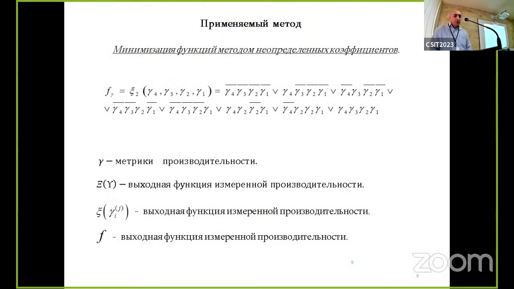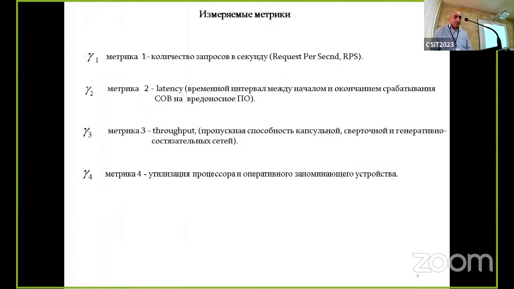Применяемый метод. Мы применили метод минимизации функций методом неопределенных коэффициентов. Просто минимизируем наборы данных. Из всего пространства производительности было выбрано 4 метрики. Метрика 1 – количество запросов в единицу времени, в данном случае в секунду, то есть время реакции.